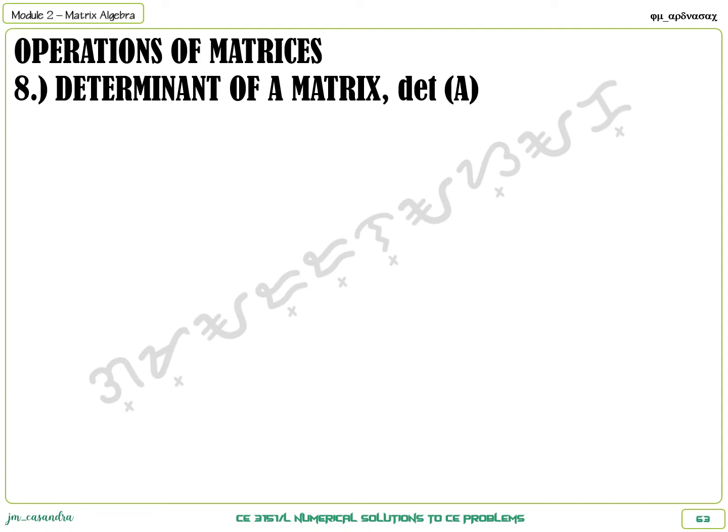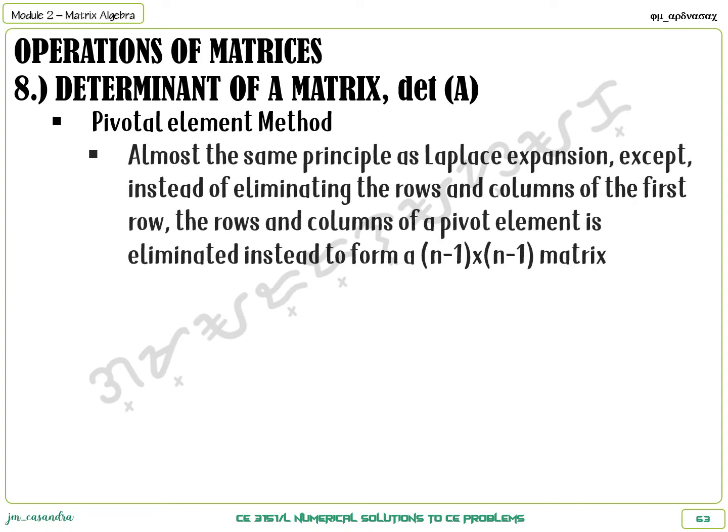Another method that we use for determinants is the pivotal element method. This is almost the same principle as the Laplace expansion by taking out the row and the column, except that instead of eliminating the rows and columns of a specific element, we are now going to eliminate the rows and columns of a pivot element in order to form an n-1 by n-1 matrix.